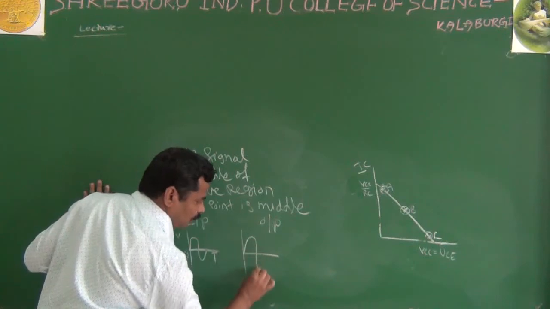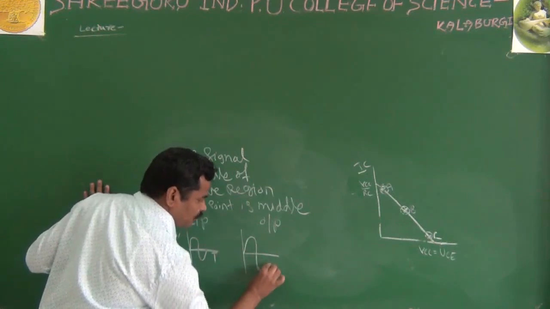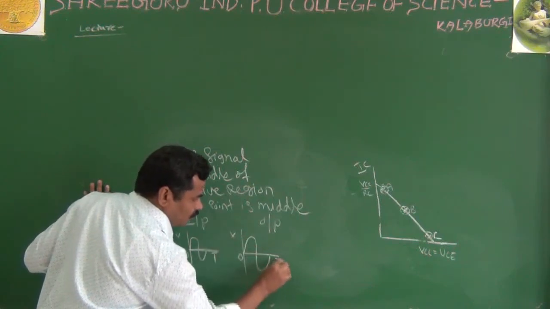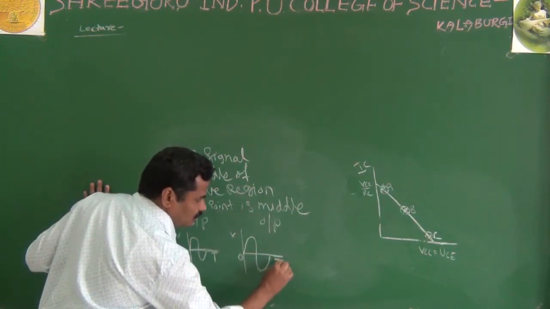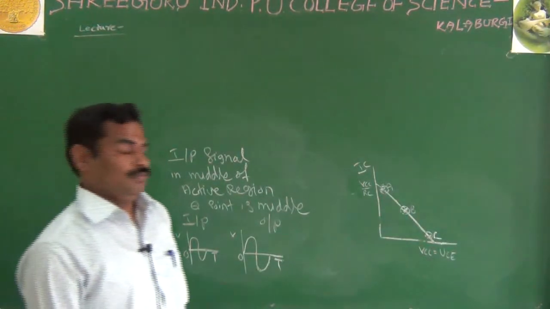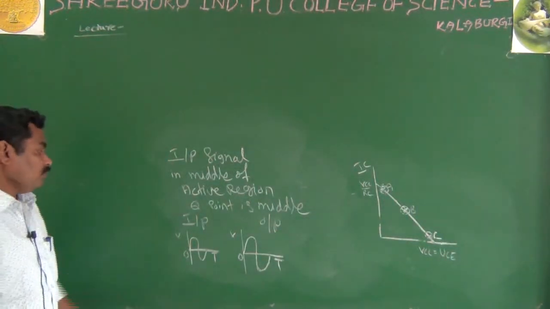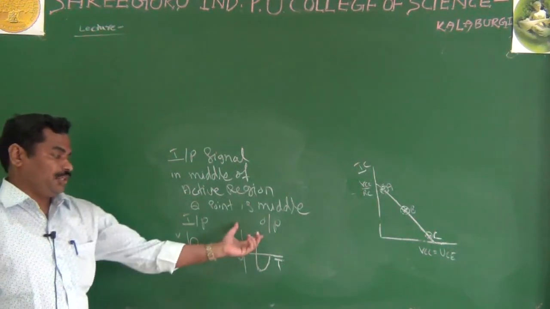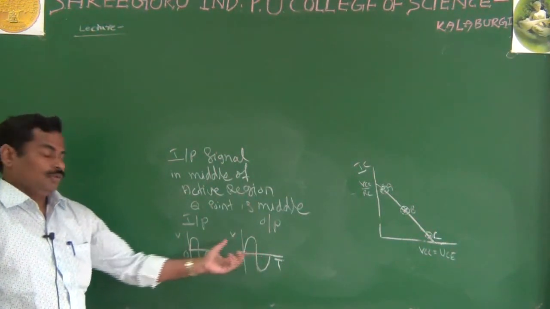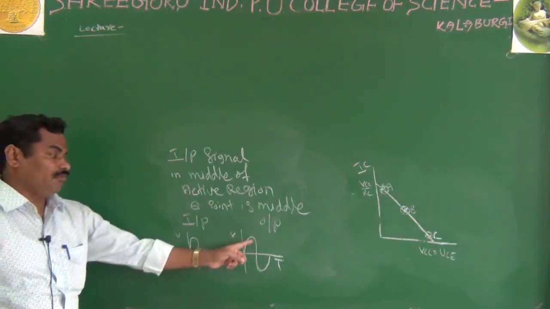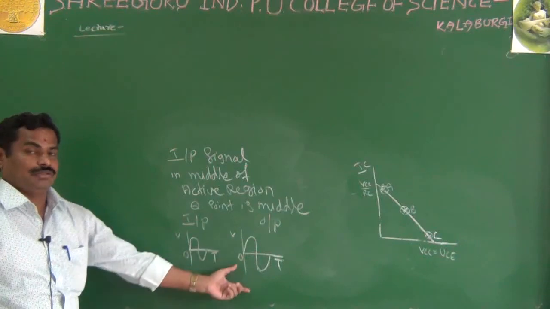We will get 100% faithful amplification. The only thing is that we are increasing the strength of the signal, the amplitude of the signal. Whatever the input, you are getting the same output. You are not changing the shape of the signal, only the amplitude and magnitude.